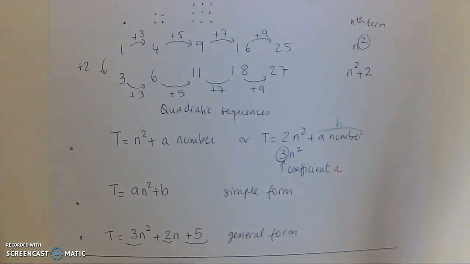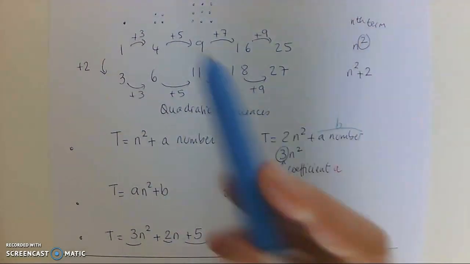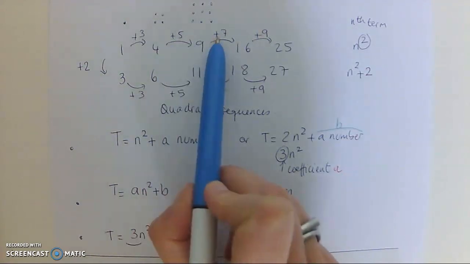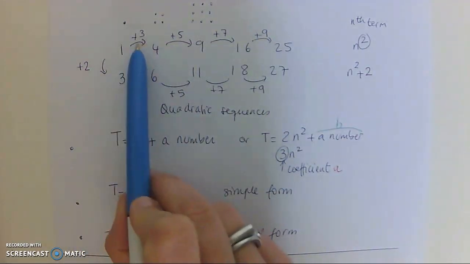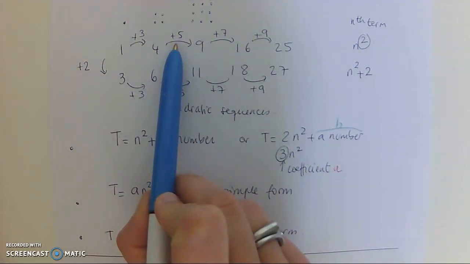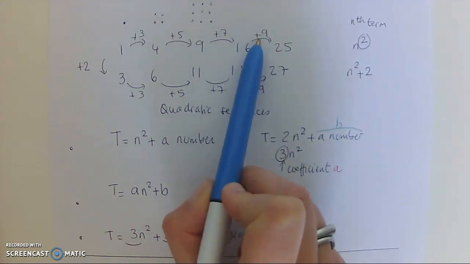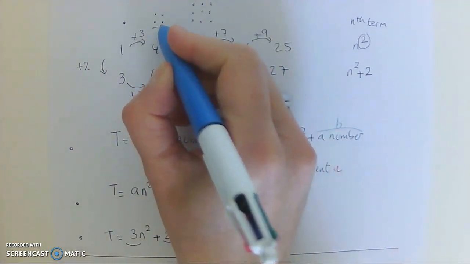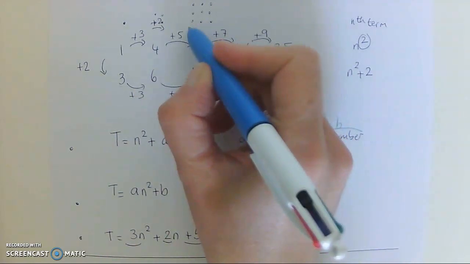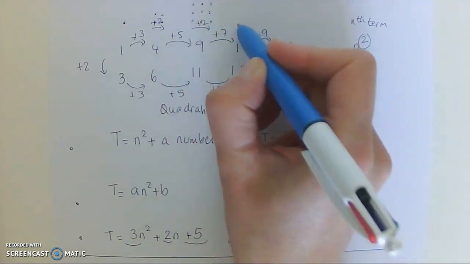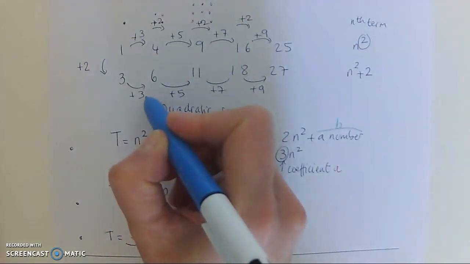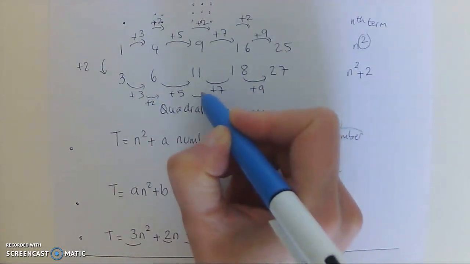Now you might have noticed something peculiar happening, which is that even though they go up by a different number, once we know that this one's gone up from 3 to 5, we can sort of notice that this one has gone by another 2, and then another 2. So this is what we're going to be interested in, that here actually, from here to there is plus 2 plus 2. From here to there is plus 2 plus 2.